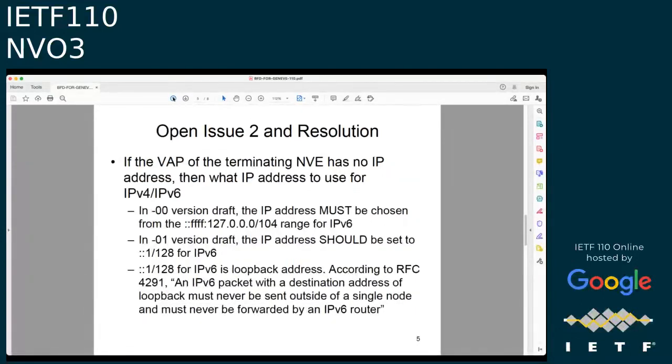I see. So purely for v4, in this case, if you don't have IP on the source and also IP on the destination, you are planning to use 127 address, is that right?